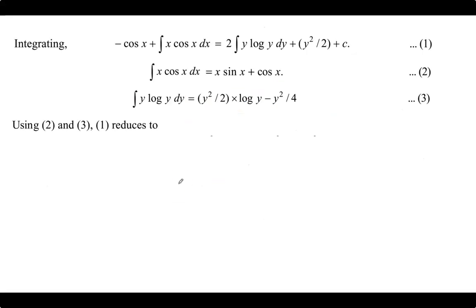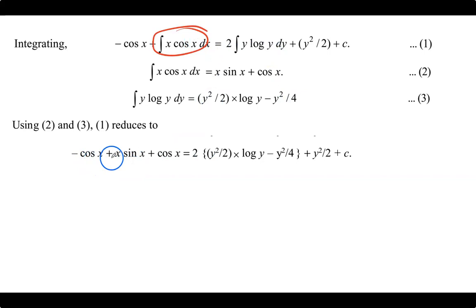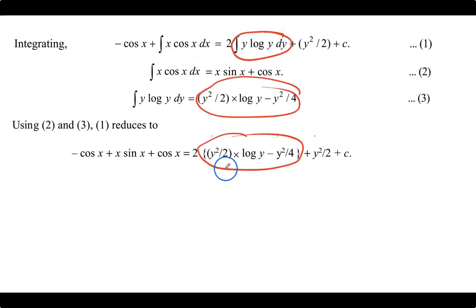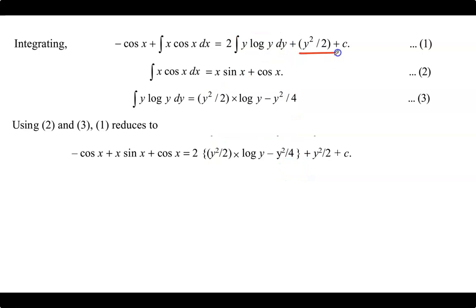Using these values, equation 1 will reduce to minus cos x plus x sin x plus cos x is equal to 2 into y square by 2 log y minus y square by 4 plus y square by 2 plus c.